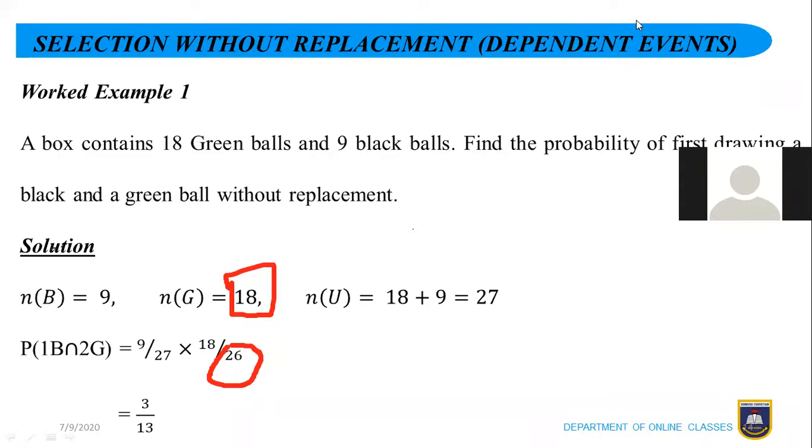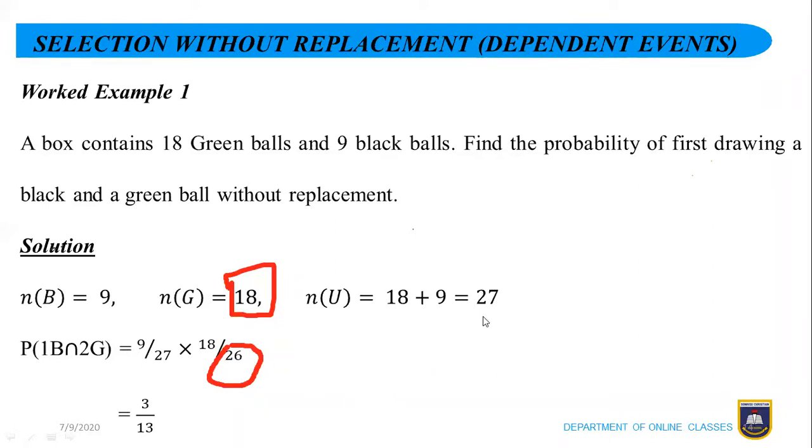Yes. All right. What we are saying is this. We have two colored balls or two different types of balls. Green balls and then black balls. Out of this, we have number of black balls equal to 9. Number of green balls equal to 18.